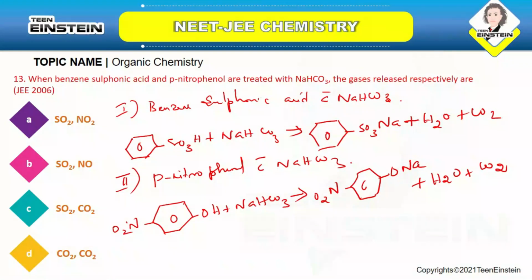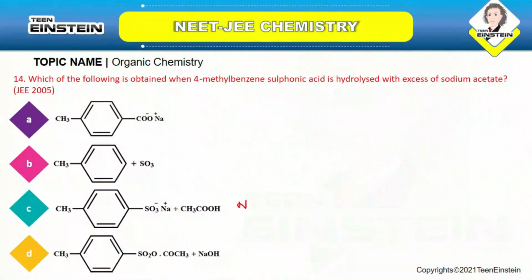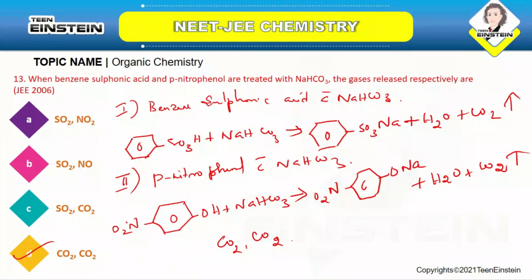So in both reactions carbon dioxide is released. So when benzene sulfonic acid and para-nitrophenol are treated with sodium bicarbonate, the gas released is carbon dioxide. So the correct option is option B.